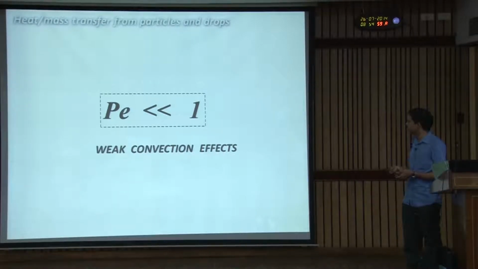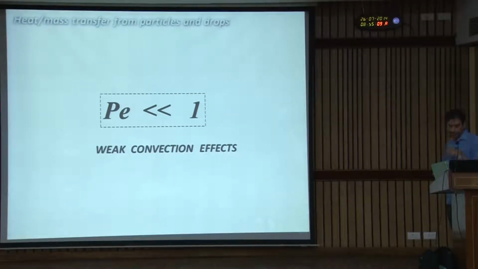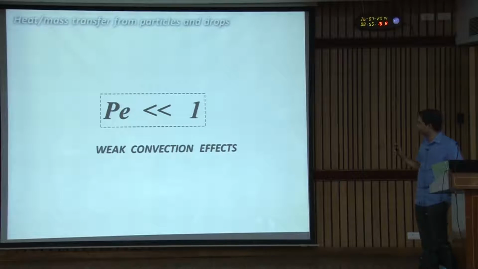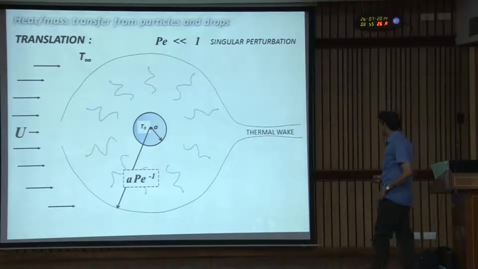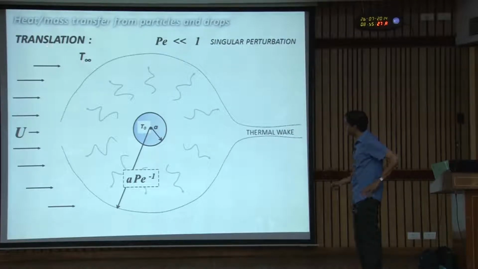Okay, and heat transport is simpler than momentum transport, so it's easier to look at how singular perturbation goes in this simpler problem. And there is also an interesting tidbit that I'll come to at the end of this problem, because there are people, physicists, very famous ones, who are not convinced by the answer of the singular perturbation analysis. So that's very interesting. So what happens is now there is a flow.